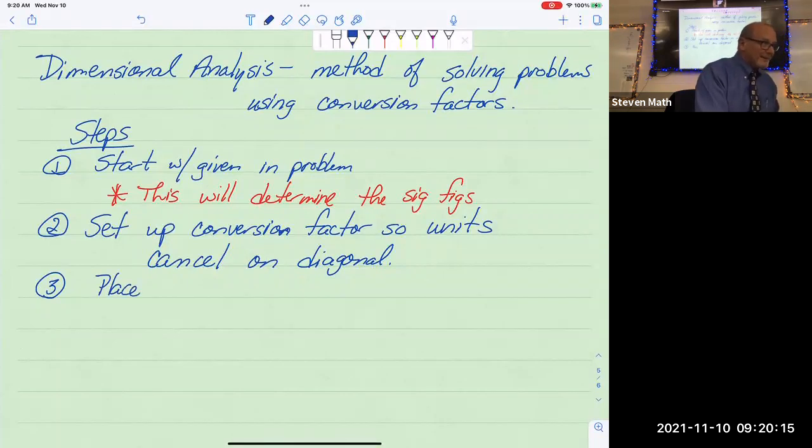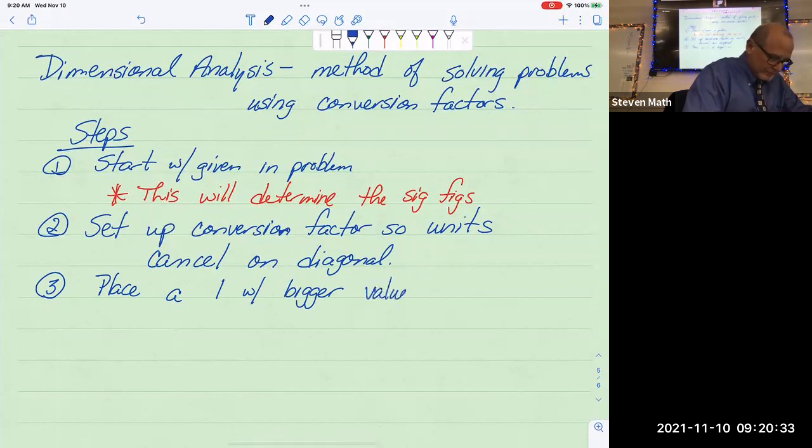Yep. It works. Just trust the process. Place a 1 with the bigger unit, the bigger value, on the conversion factor.